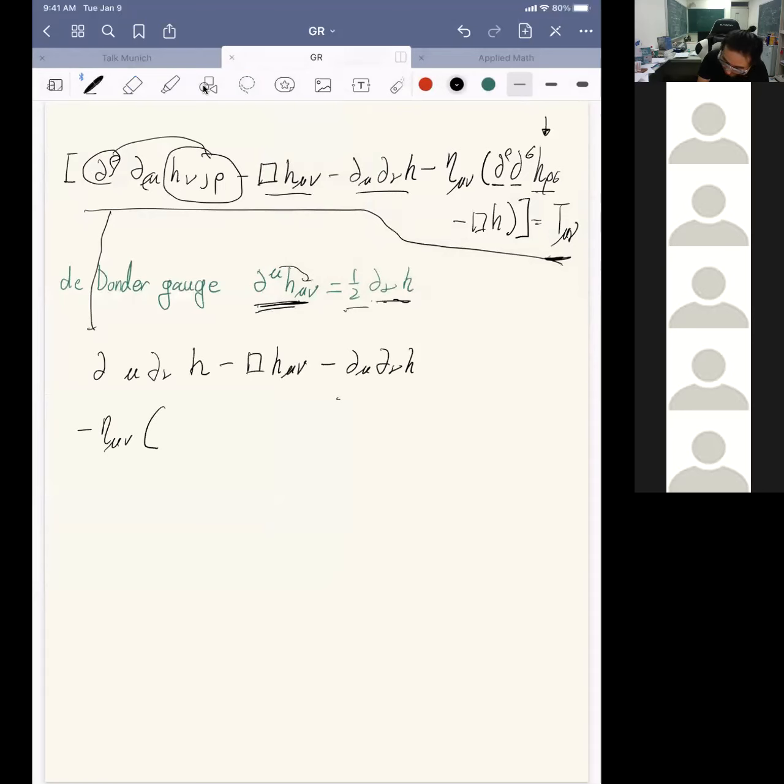Once again, in the de Donder gauge, if I act with another derivative, ∂^ν ∂^μ h_μν, this is going to be 1/2 box h. So that means this guy here is just 1/2 box h minus box h, and this is going to be equal to T_μν.